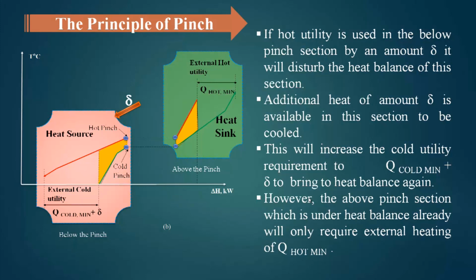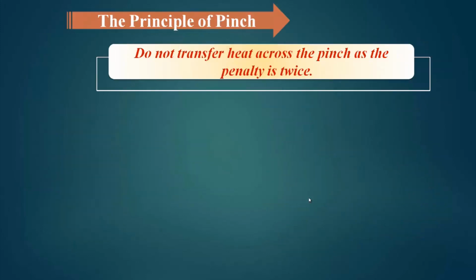So, from this we conclude something. What is the conclusion? Do not transfer heat across the pinch, as the penalty is twice, because if I transfer heat through the pinch, then I pay in terms of area and I pay in terms of utility.